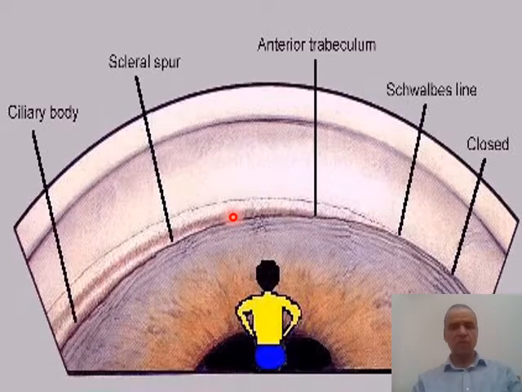So please search on Google for the assessment of the angle of the anterior chamber by OCT, and you can see many images for this purpose. This is an objective way to assess the depth of the angle of the anterior chamber.